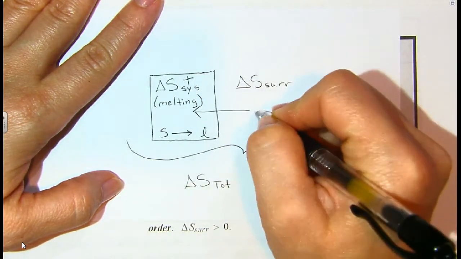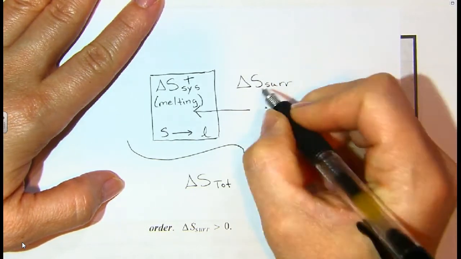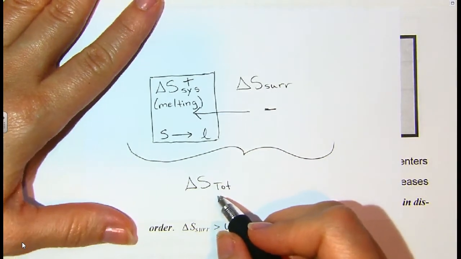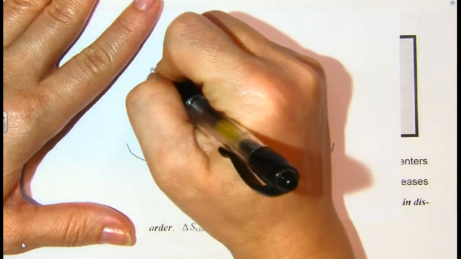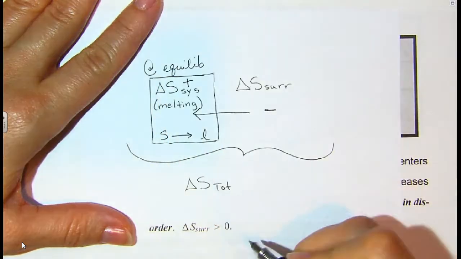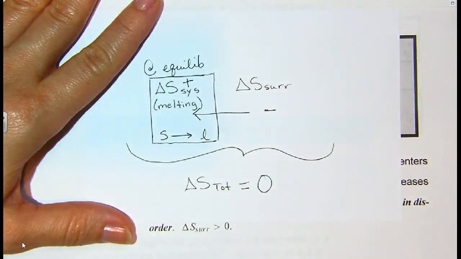And so because we're taking heat away from the surroundings, that means we have a negative delta S of surroundings. What about the delta S total? Well, remember, melting is going to be a phase change, which means this system is at equilibrium, and so that means that we have a delta S total that's equal to 0.